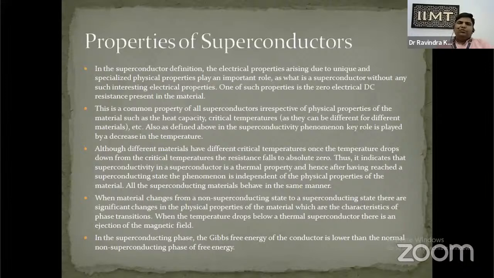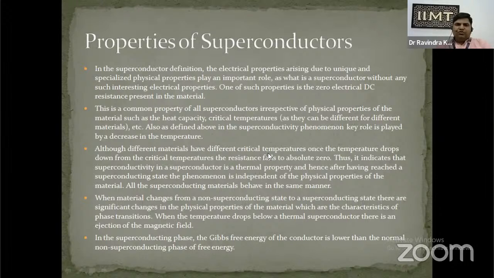Now, these are a few properties of superconductors. One such property is zero electrical DC resistance in the material, which is the most important property of a superconductor. Irrespective of the physical properties of the material, we have many other properties also, such as heat capacity and critical temperature, which is different for different materials.